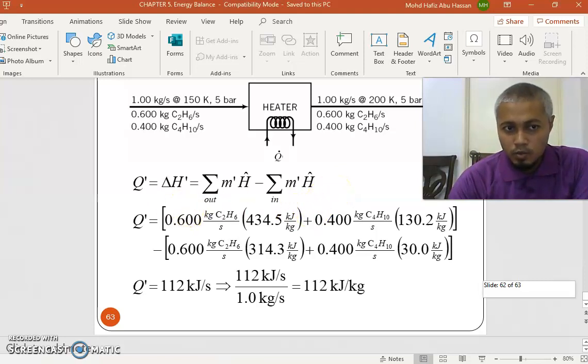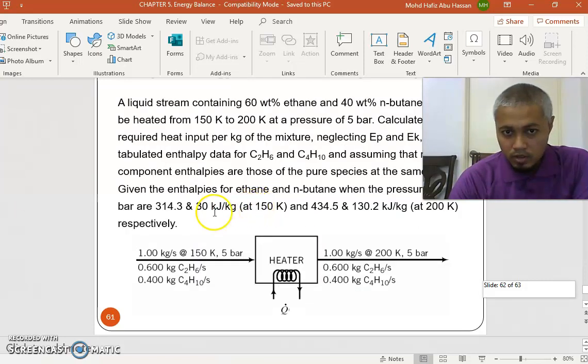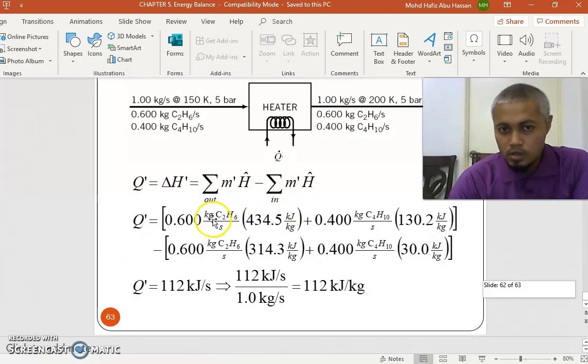It is given here at 150 Kelvin. These are the values of enthalpy for both components, and at 200 Kelvin, these are the enthalpies for both components. So we just plug in the values in the formula. This is the summation sign, which means we need to sum up the enthalpies for both components at the outlet and for both components at the inlet.